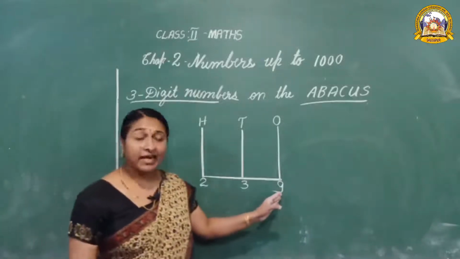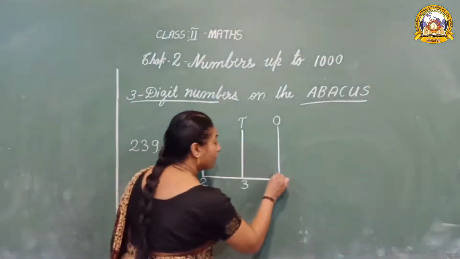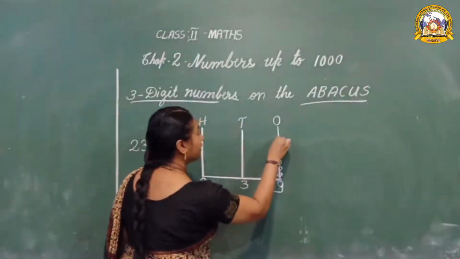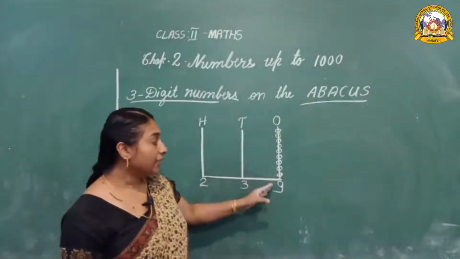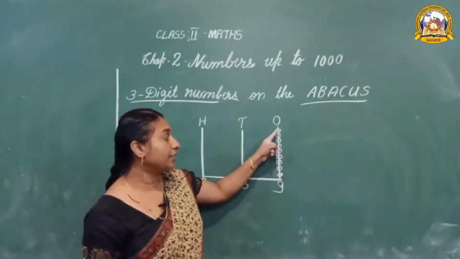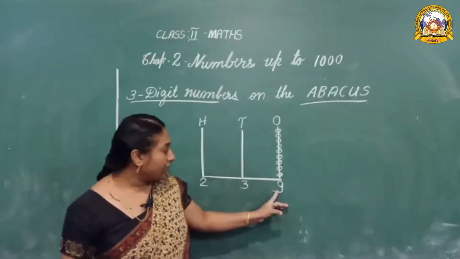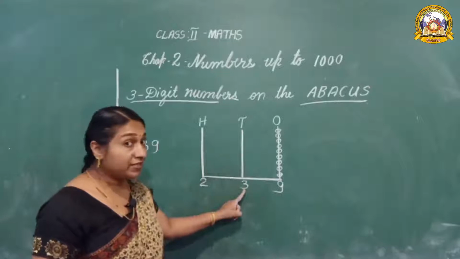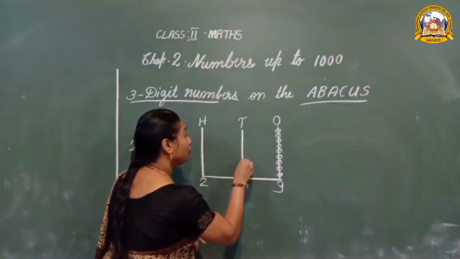To represent the 9 ones, we should give 9 beads here: 1, 2, 3, 4, 5, 6, 7, 8 and 9. How many beads are there? 9 beads. It shows 9 ones. Then come to the tens line. How many beads should be there? 3 beads: 1, 2, 3.